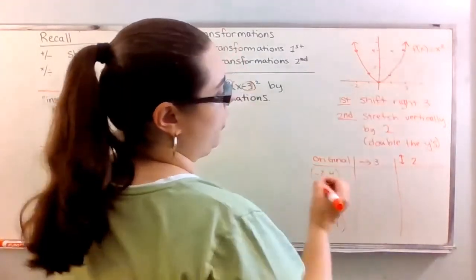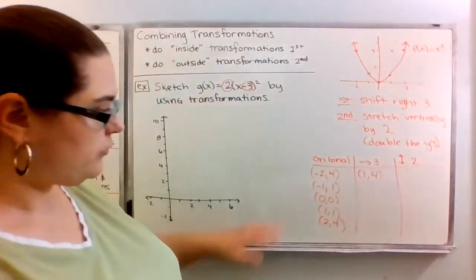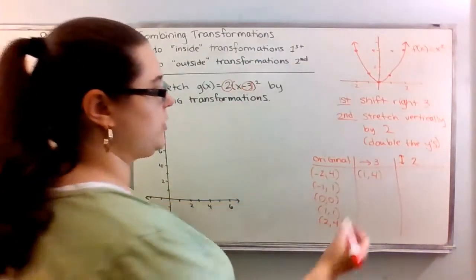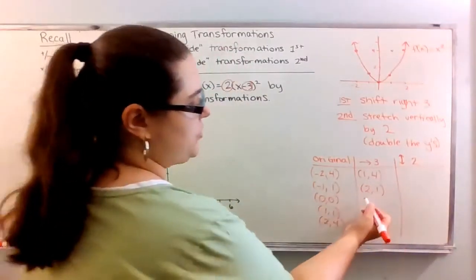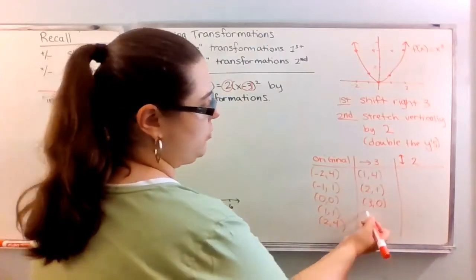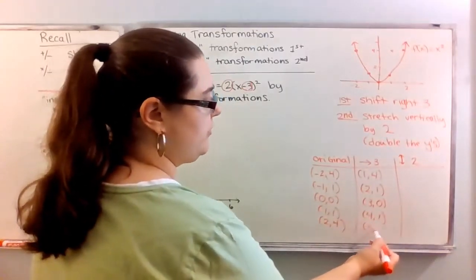I'm going to be here at 1, 4. -1, 1, if I go to the right by 3, takes me to 2, 1. 0, 0 will bring me to 3, 0. 1, 1 will take me to 4, 1. And 2, 4 will take me to 5, 4.